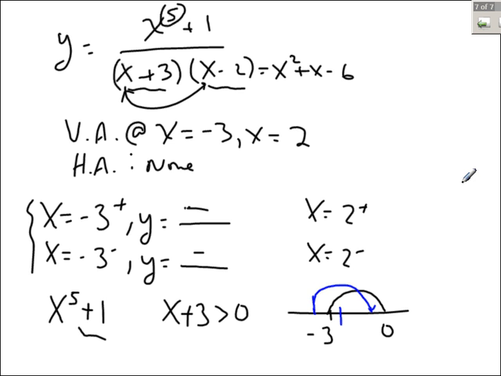If you start more than -3 and you add 3, you'll be to the right of 0. So x plus 3 is positive if x is bigger than -3. In the first case, x is bigger than -3. In the second case, it is not.